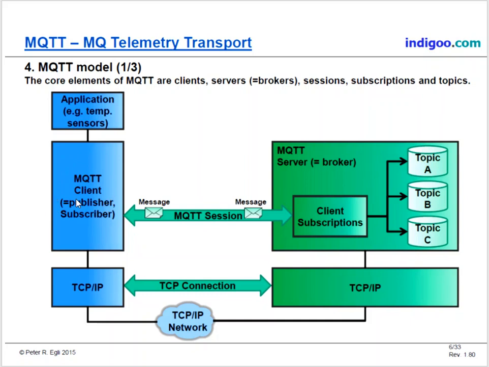The client could be a publisher or a subscriber. The publisher sends messages to the broker, and the subscriber receives messages from the broker. The filtering is done by using these topics. There are usually several clients and one MQTT broker in the system.